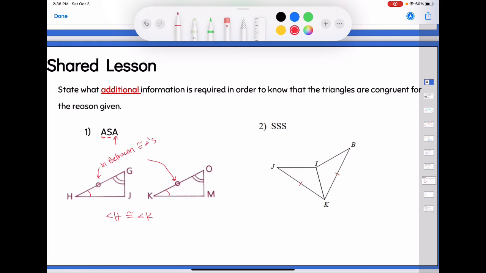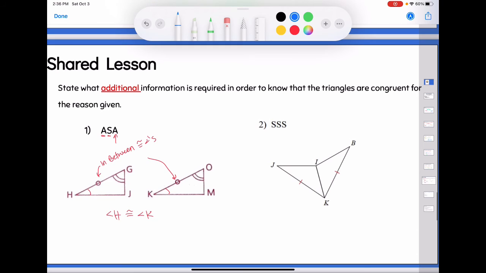Okay, so then number 2 here says I need to prove that these 2 triangles are congruent by side, side, side. I see I only have one pair of sides. Oh, wait, or do I? Oh, they share KI, right? And we learned a couple slides ago that we could use the reflexive property, that this always works.